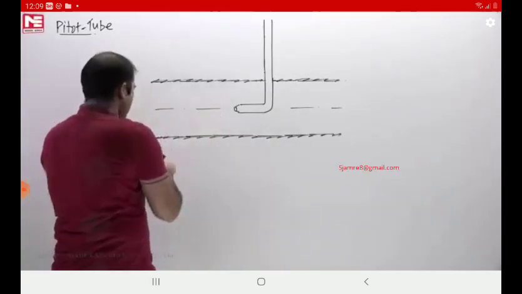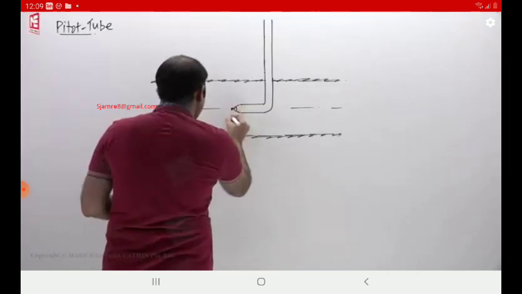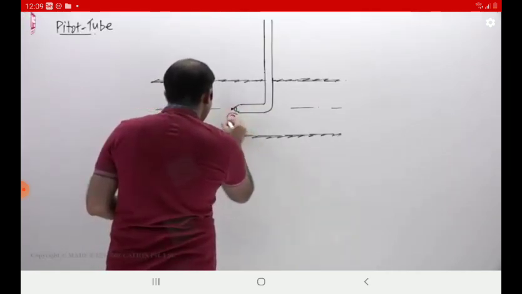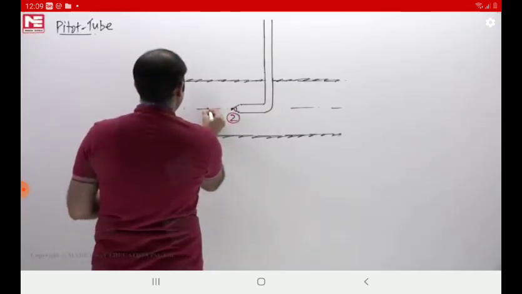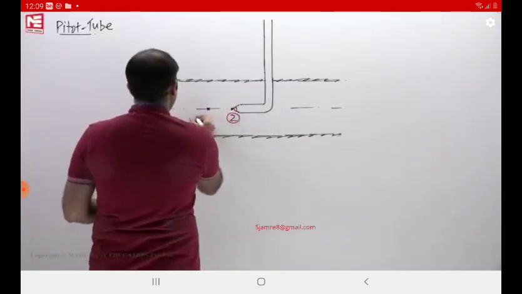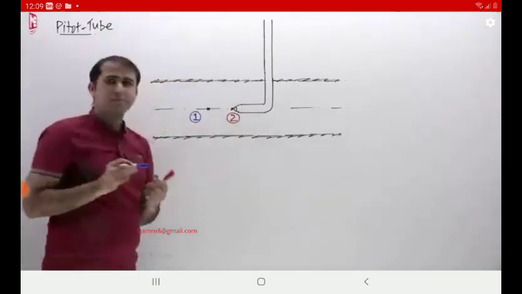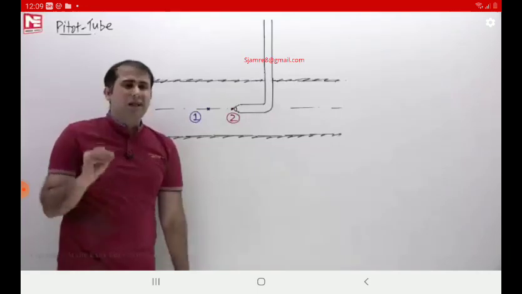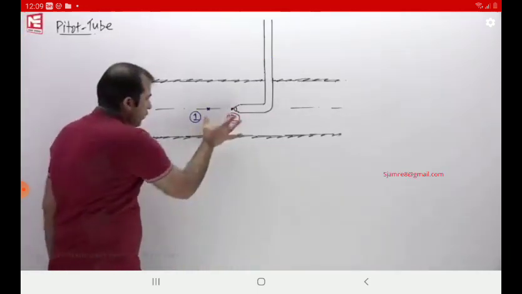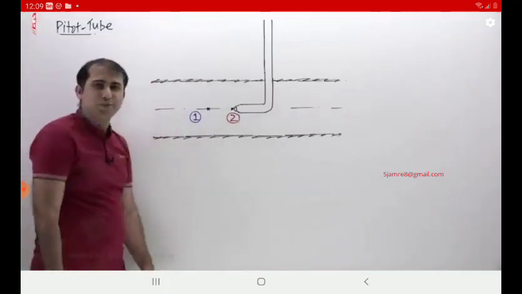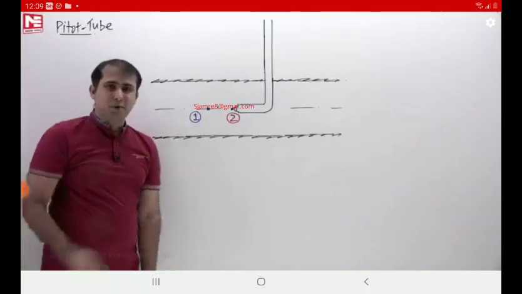Next. Okay. So this is a point I have taken, and this point we can say is point 2. And very close to this, I am going to take a point, and this point is point 1. What will happen? Actually, if you take two points very close, the datum head is the same for both the points.